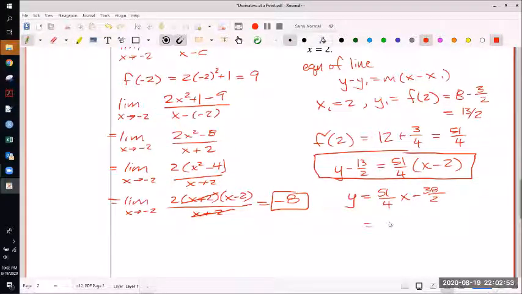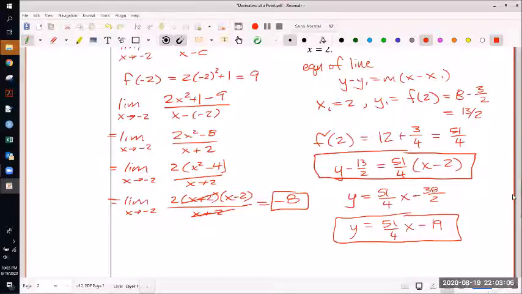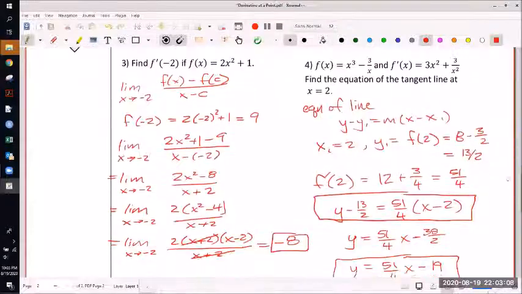I can simplify this down. This is 51 over 4 times x minus 19. So this is the equation of the tangent line. This line will be tangent to this curve at the point x equals 2. And this is the line in slope-intercept form, and this is the line in point slope form. And that's it.